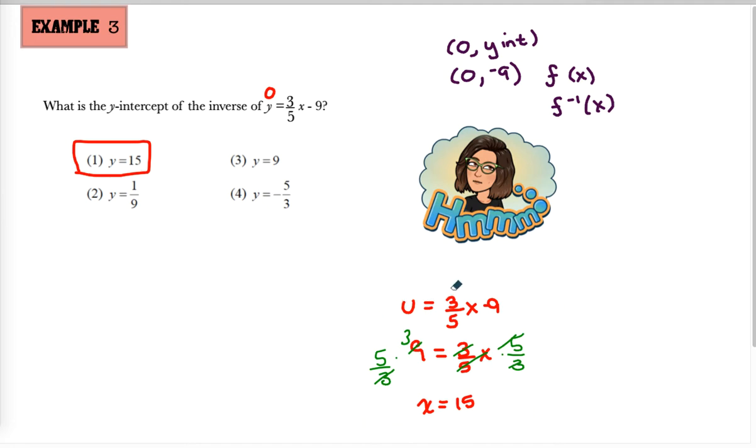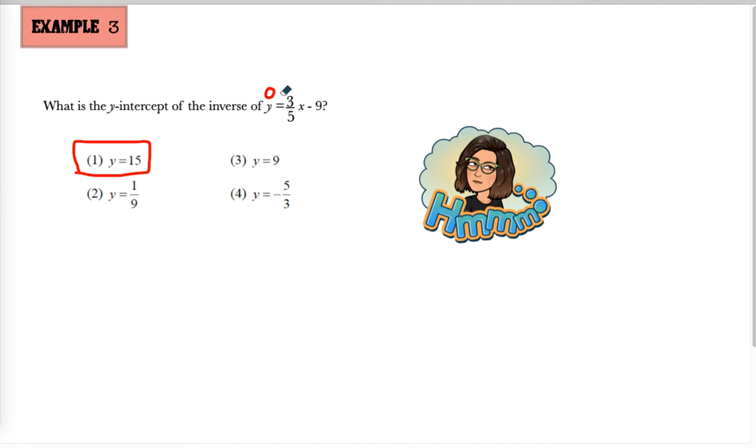Now once again, if that was not sitting well in your brain, if you're still like, I don't get that, you can always do it the long way. You can say, well, I'm going to find the inverse first. I'm going to switch x and y. I'm going to solve for y.